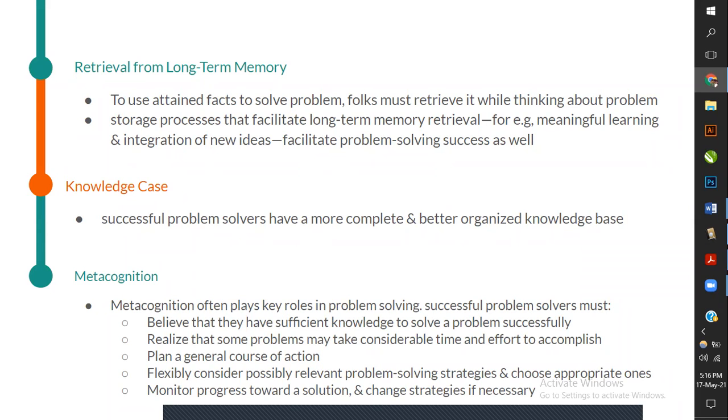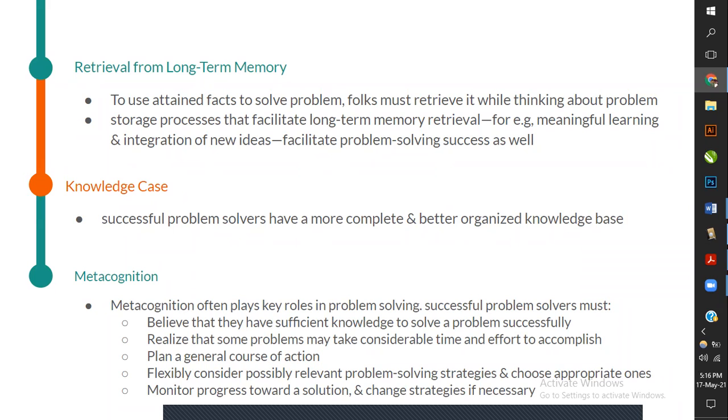Our fifth factor affecting our success of problem solving is metacognition. It often plays a key role in problem solving success, and successful problem solvers hold several beliefs.